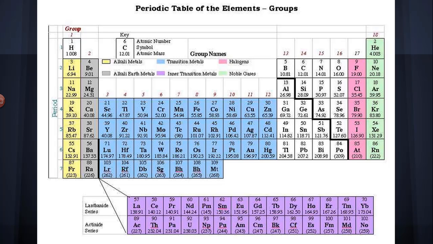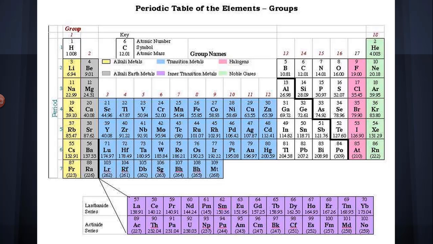Finally, we have group 18, helium, neon, argon, krypton, xenon, and radon. And those are called the noble gases. And they don't react. They're called noble because they don't mix with the common elements. They tend to be unreactive. Those are the four most common families, but there are other families that we're going to see elements in that are very reactive and that will form compounds that are fairly common.